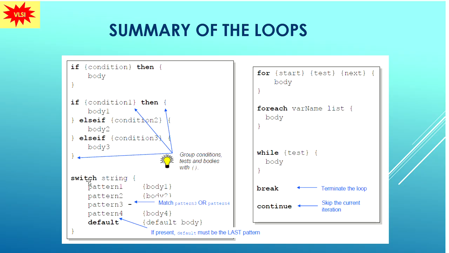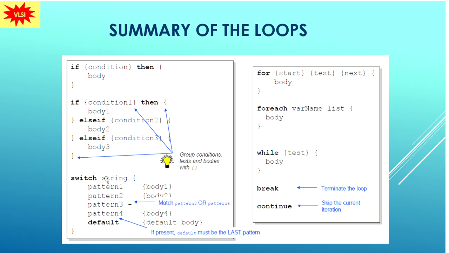Now, the third loop is the switch loop, where after switch, you will be writing a variable which will have some value. That value will be matched against the patterns that you'll be defining, and whatever is written in the body with respect to that pattern will be executed.